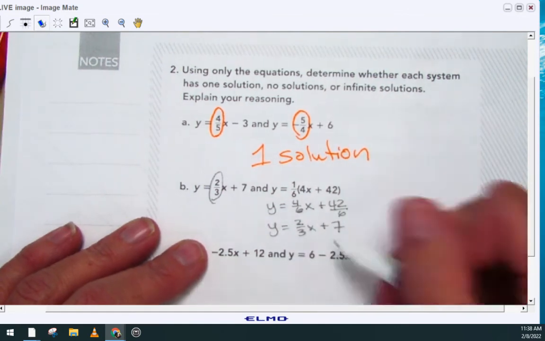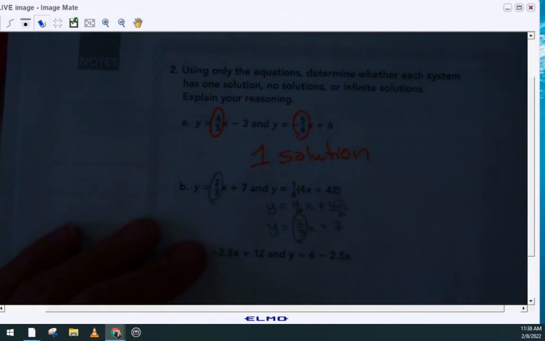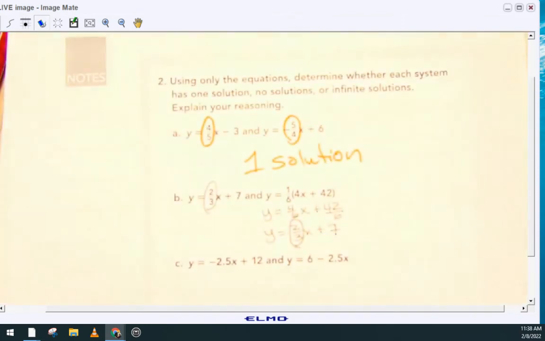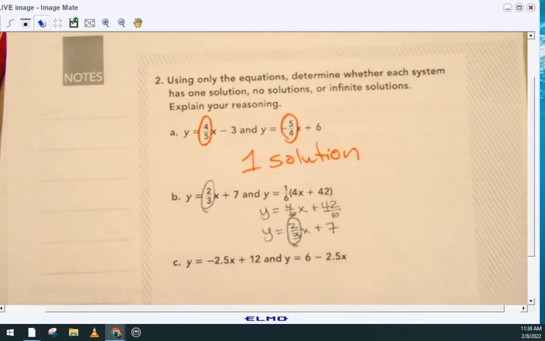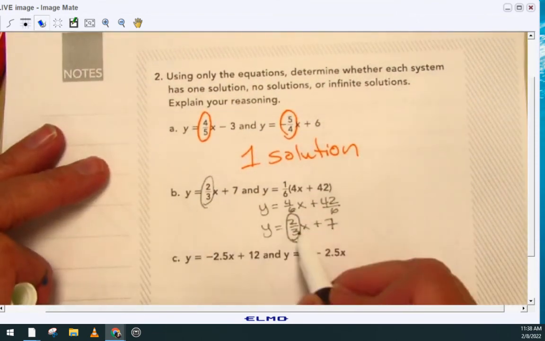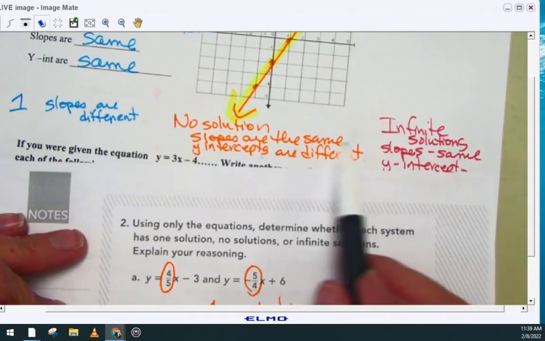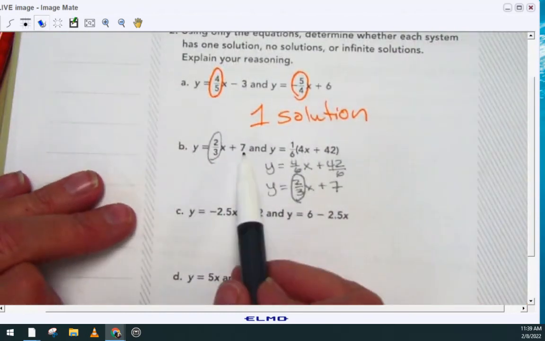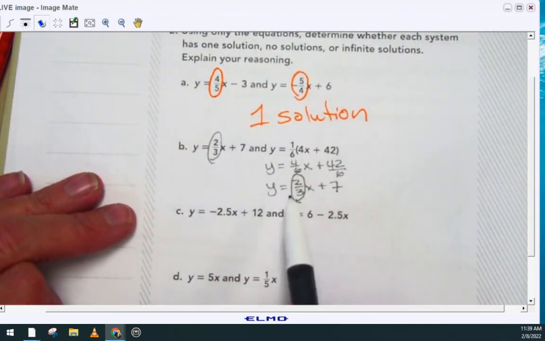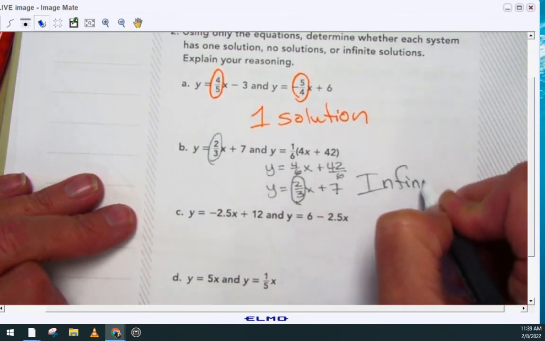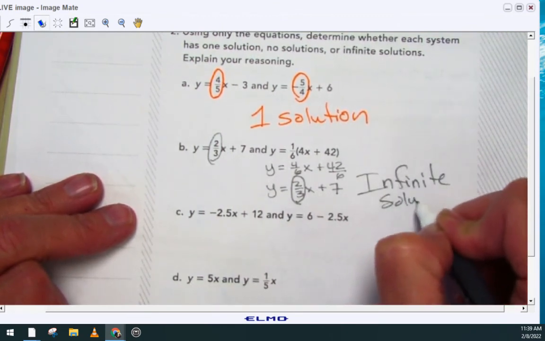Okay, so here's my slope. Here's my slope right there. It's the exact same thing. So that means it has to be one of these two. Then my y-intercepts are exactly the same. These are the exact same equation. So that means that this is infinite solutions.